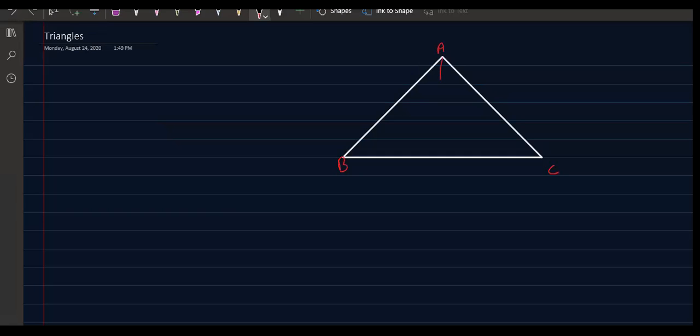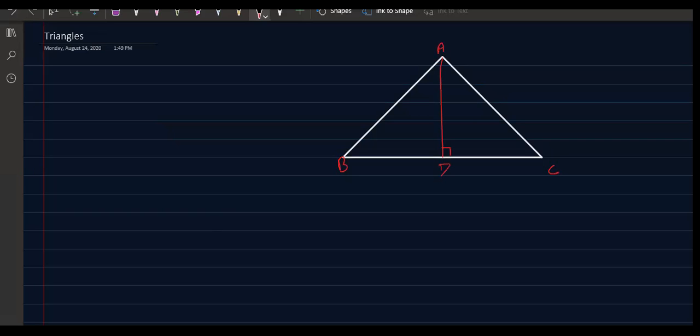Perpendicular to which side? The opposite side. A line drawn from a vertex perpendicularly on the opposite side is called your altitude, right?